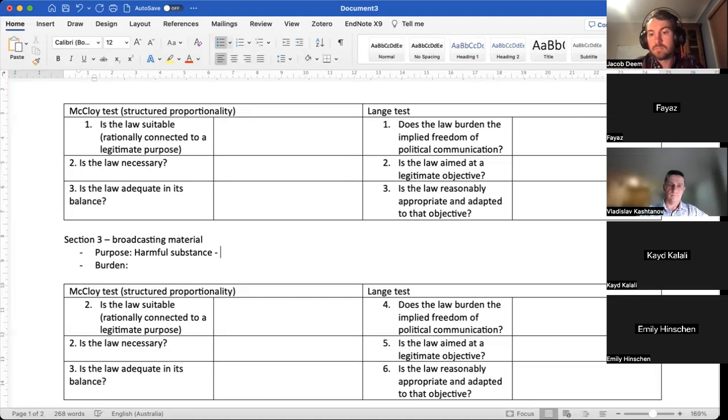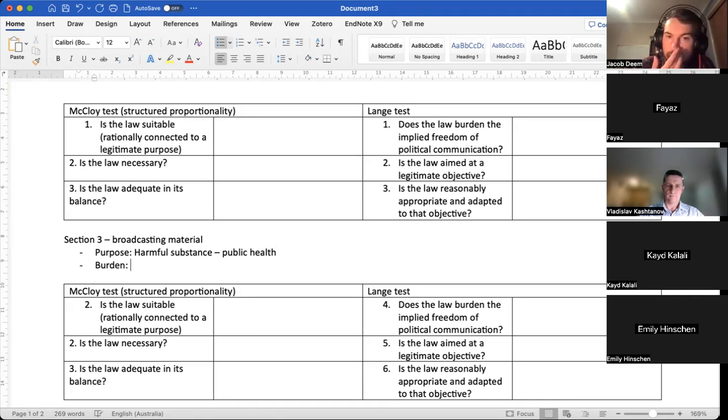Protect public health. Yes, yeah. So we're drawing this from the Minister for Communications' comments, and we don't necessarily have to take that absolutely at face value, but at least on the surface, the idea is to protect public health by restricting the broadcasting of advertisements and discussion or promotion of these harmful substances. So that's what they say they're trying to achieve.